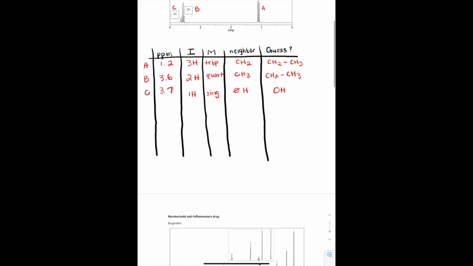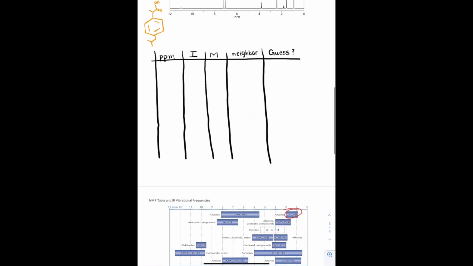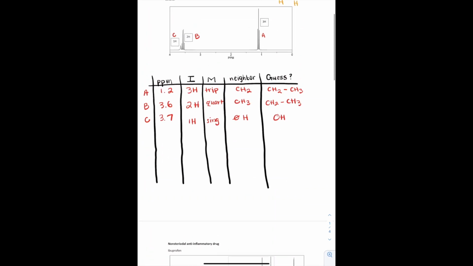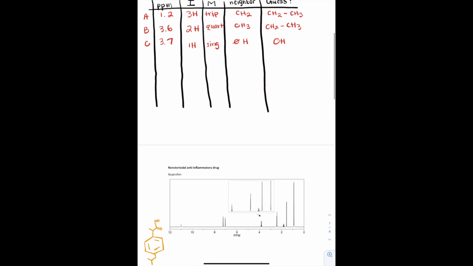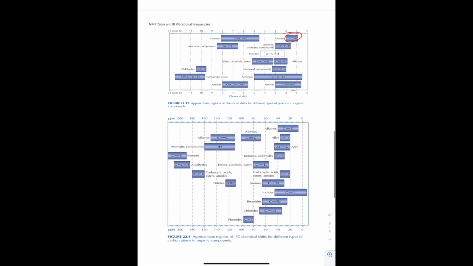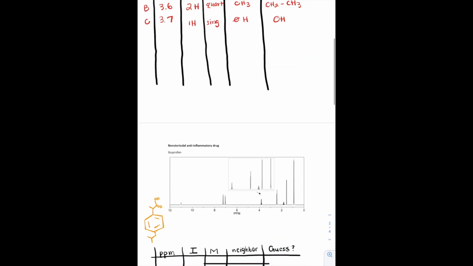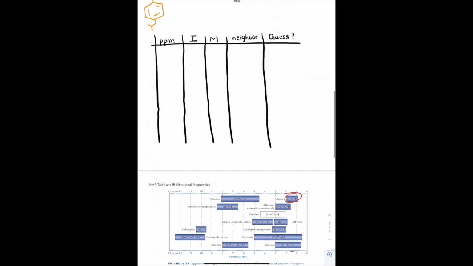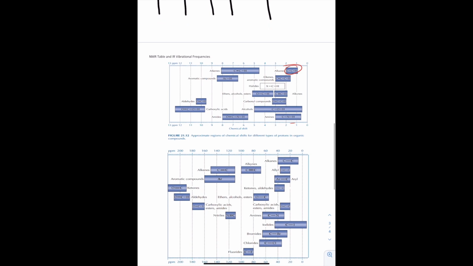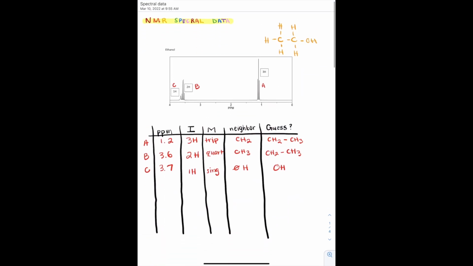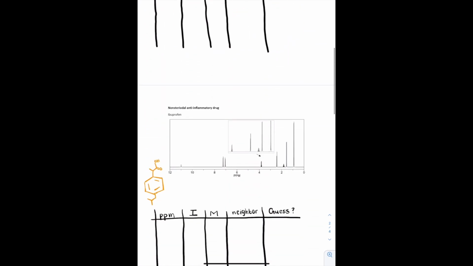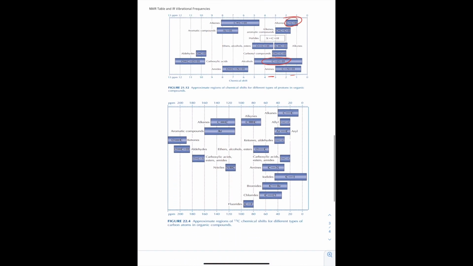Same thing for the ppm of B. It's going to be an alkane, and that is noted by our guess that we made, and also the integration, multiplicity and the neighbor. And then we're going to look at around 3.7 ppm to see what we've got there. So that's around here. And you'll see here there is an alcohol, and that would make perfect sense for what we've done here with this NMR.